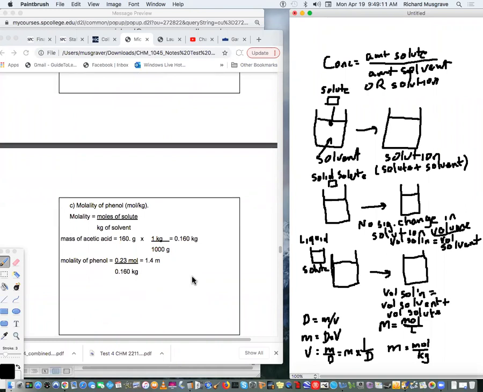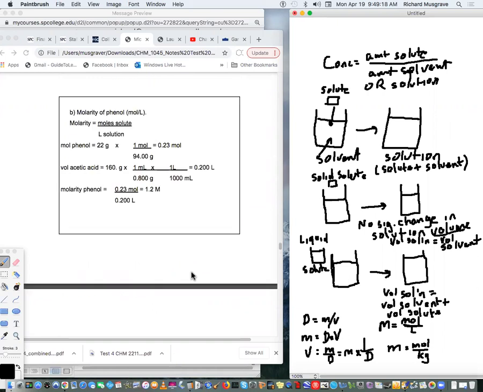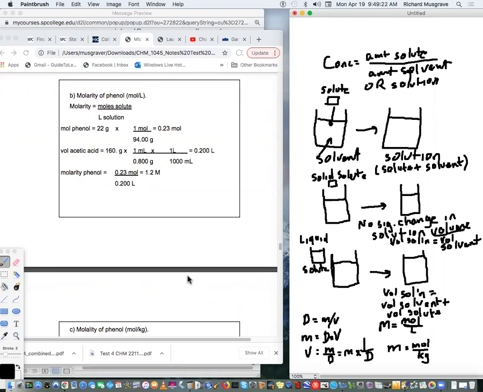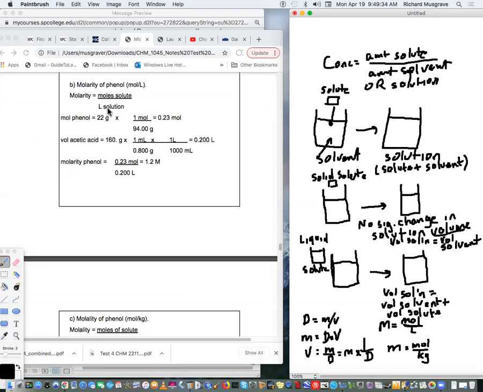The reason that we might use molality over molarity in certain circumstances is that liters of solution or volume can change depending on the temperature. I think most people are aware that when we heat a liquid, it expands, and when we cool it, it contracts. That changes the volume.